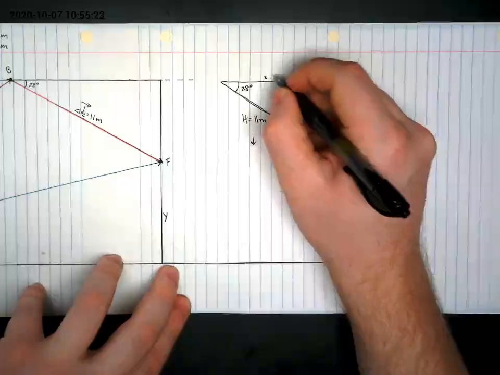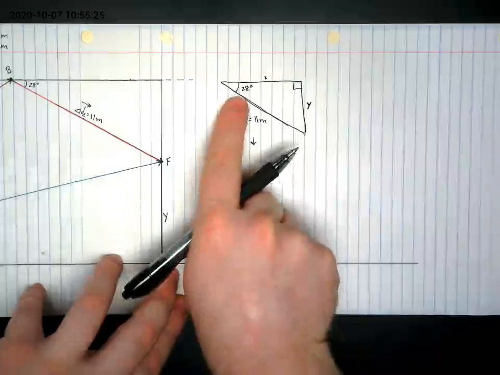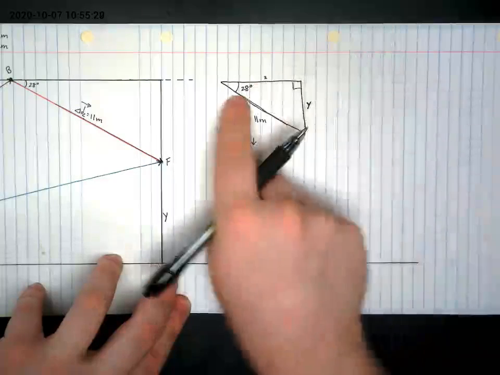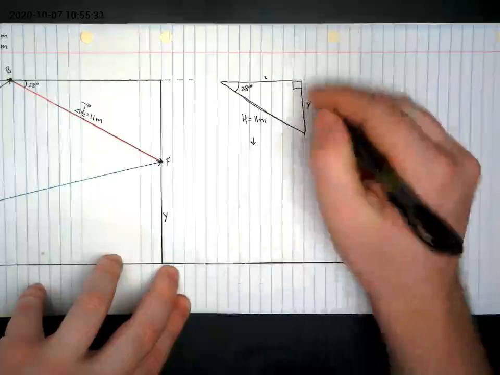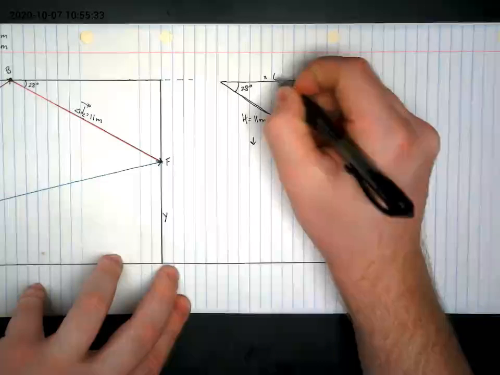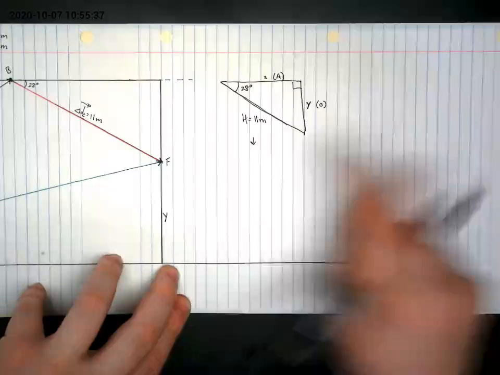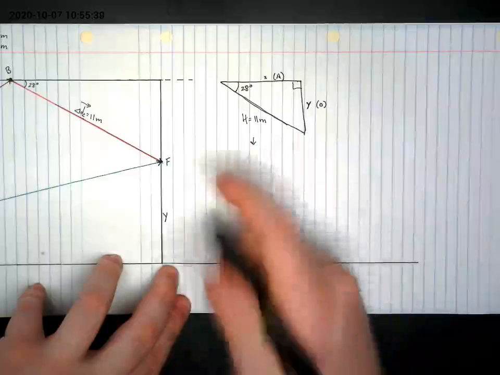This is our angle here, and this is what we're using to get them. We'll say this is the opposite and this is the adjacent, and we're going to solve for the opposite and the adjacent.